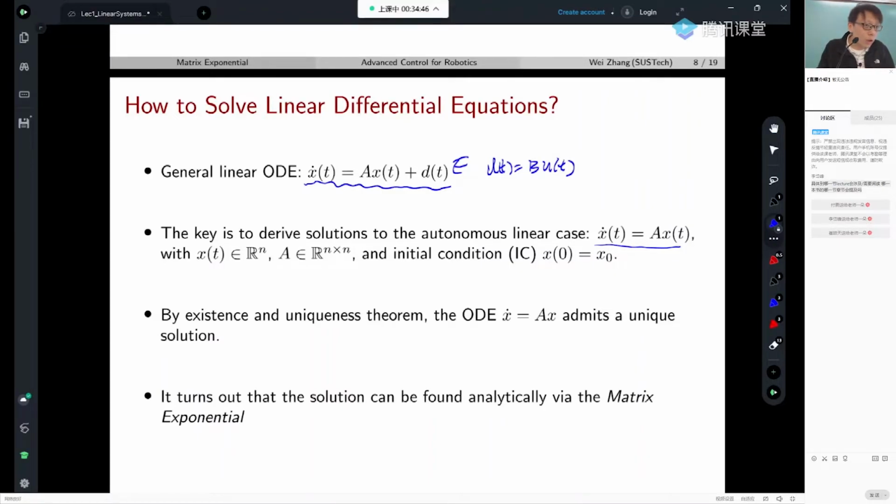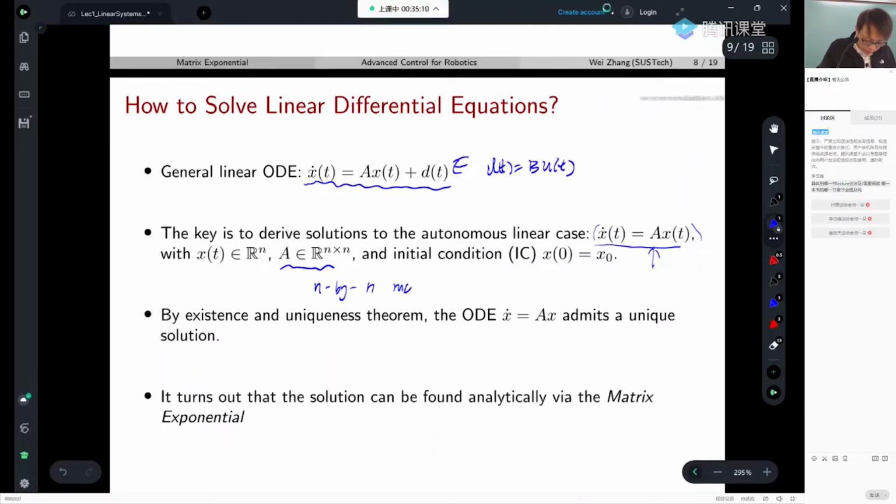If we can solve this one, everything else becomes a standard exercise, and you're going to do that later. For now, I will teach you how to derive the solution for x dot equal to Ax, where x is a vector and A is a constant n by n matrix.